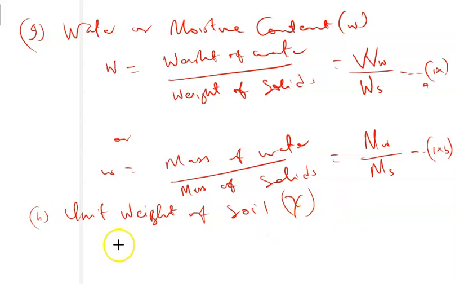Major soil unit weights are given. So when we talk about the weight of the soil by unit volume, what we call bulk unit weight. Let's look at the bulk unit weight.